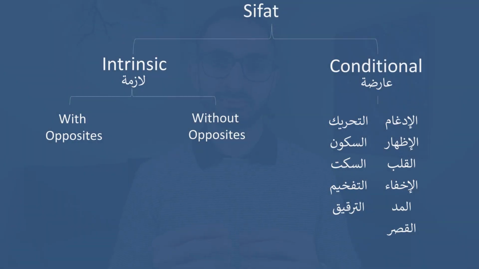On the other hand, صفات which are considered transient or conditional, صفات عارضة, there's a list of them there. There's the إدغام, إظهار, قلب, إخفاء, مد, سكت, سكون, ترقيق, التفخيم. There are 11 of those صفات which are considered transient or conditional. They depend on the condition the letter comes within.